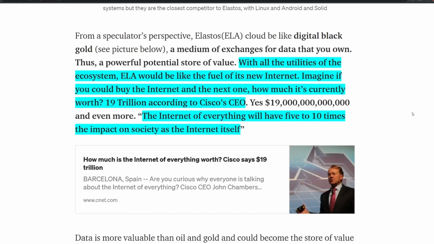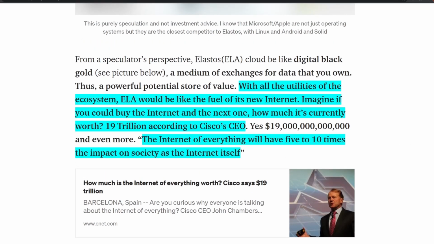All right. And then it goes on to speculate a little on the future price possibilities. So with all the utilities of the ecosystem, ELA would be like the fuel of its new internet. Imagine if you could buy the internet and the next one, how much it's currently worth. According to the Cisco CEO, the internet is worth about $19 trillion.